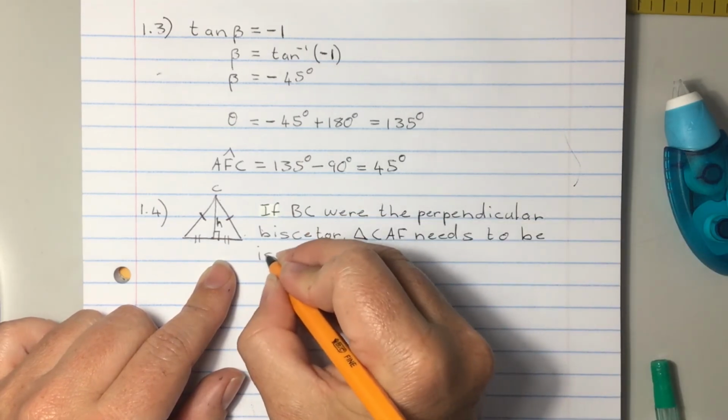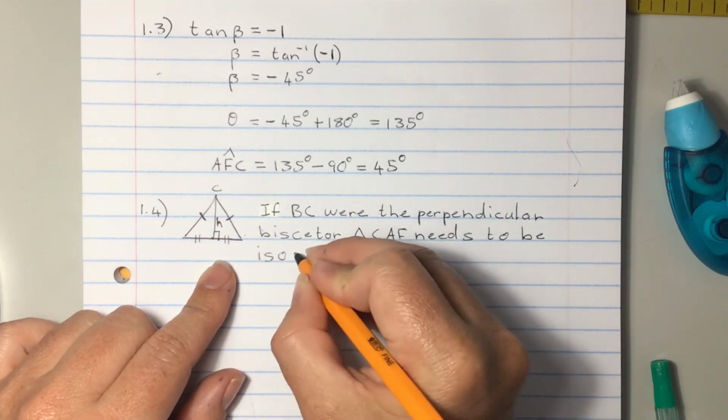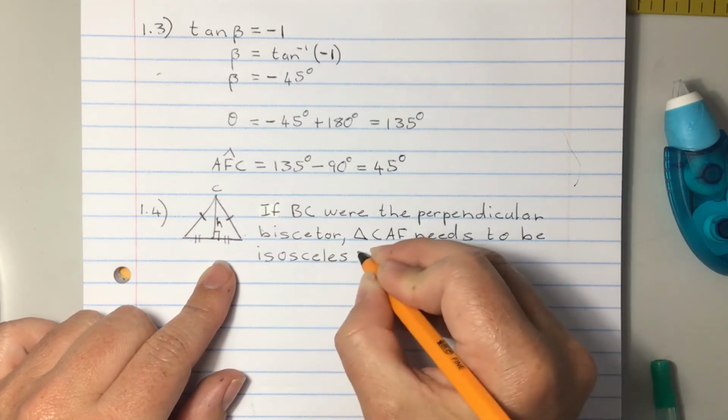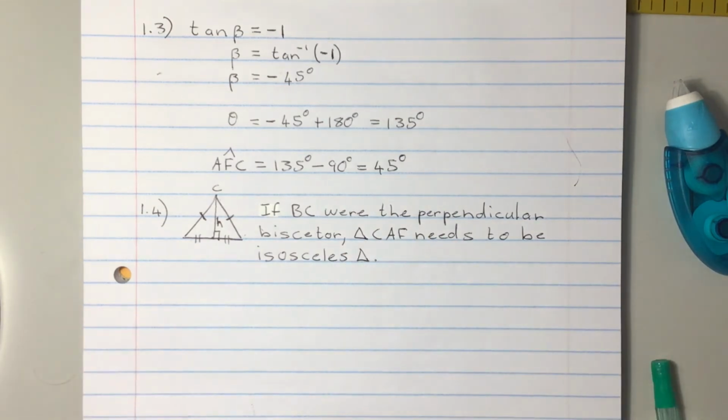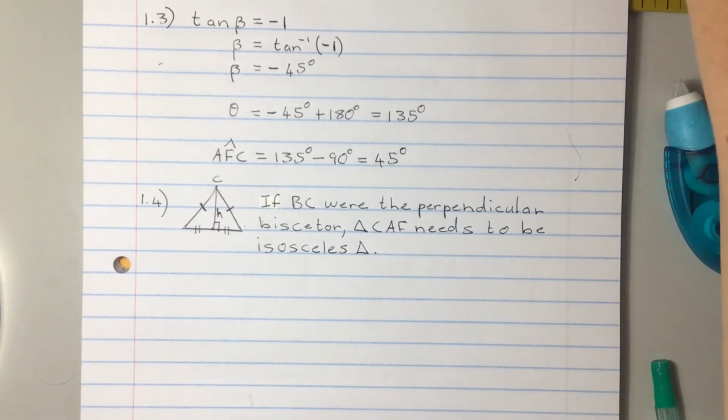Yes, isosceles. And if you're not sure how to spell it, go back to 1.2 where they've given you the spelling for it. There we go, 1.4. Now for our final question, 1.5.